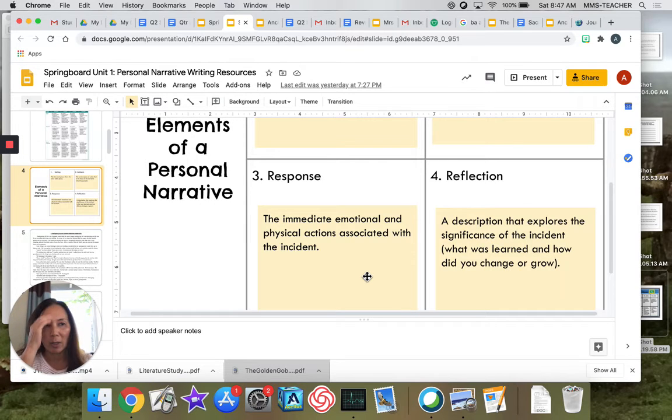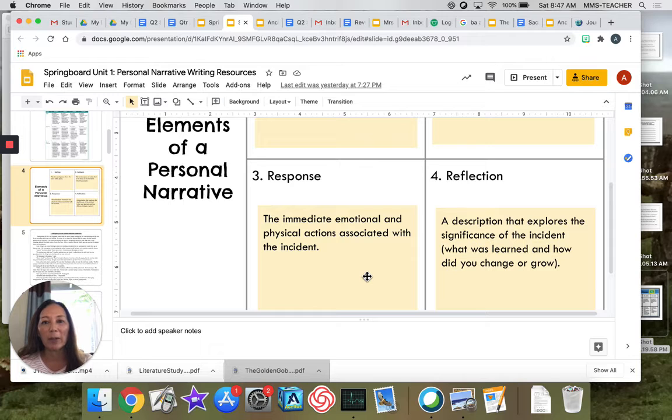Now, oftentimes when students think about writing a personal narrative, they think about writing a rather lengthy piece where it takes them from point A to point B. And in a personal narrative, we're not looking to hear or find out about, say, for example, a trip that you took to Disneyland or a 1-week camping trip that you had.